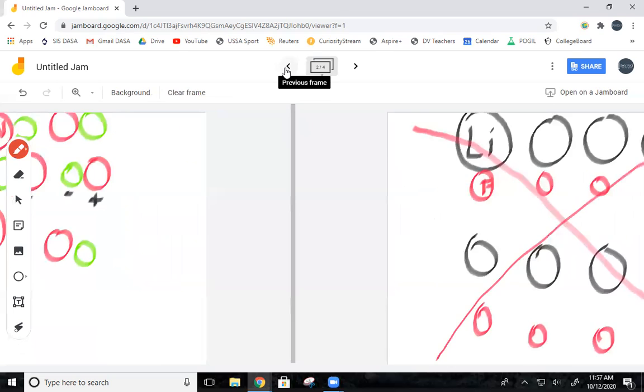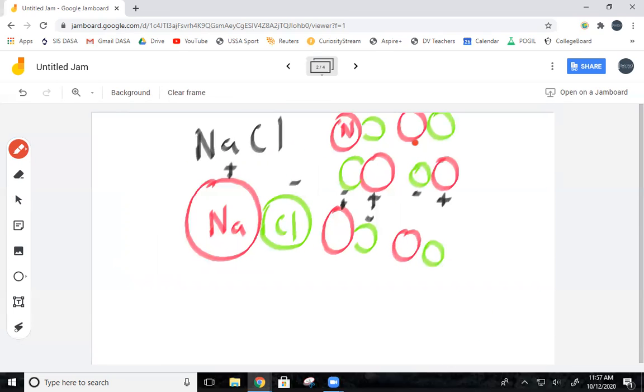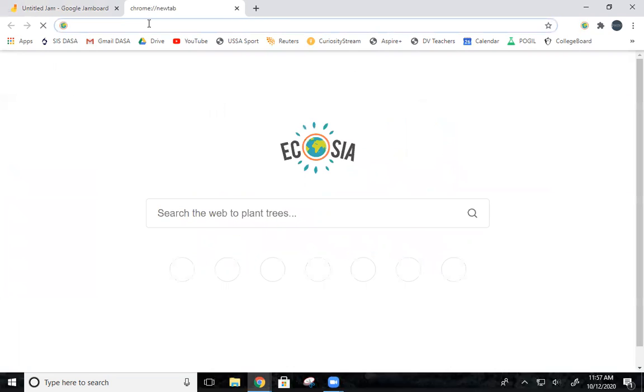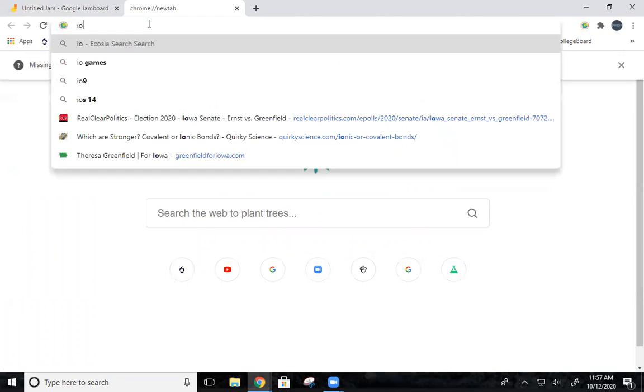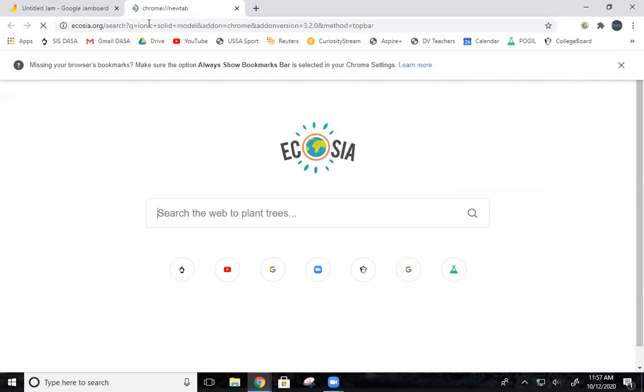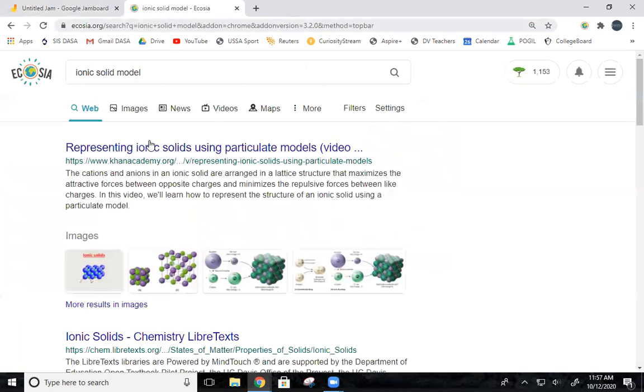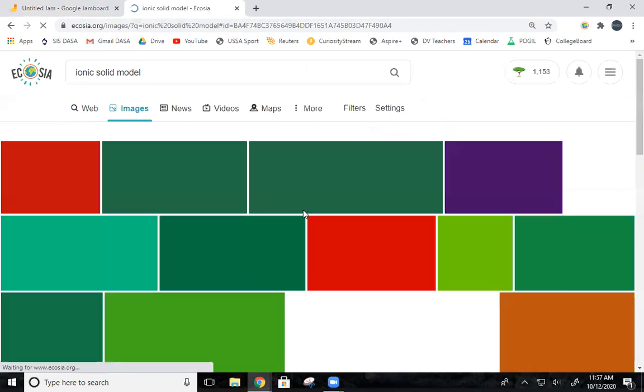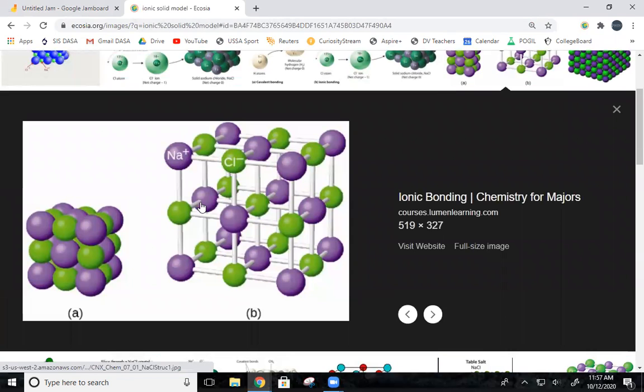We only did 2D representations, but if you look at an ionic solid, you can see something like this. There's salt once again.